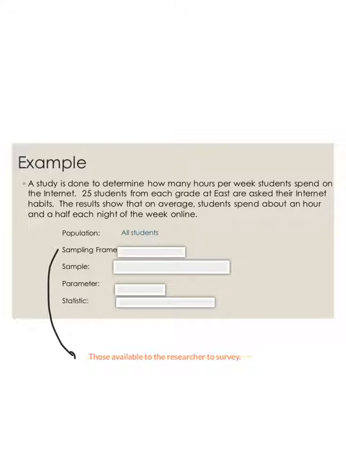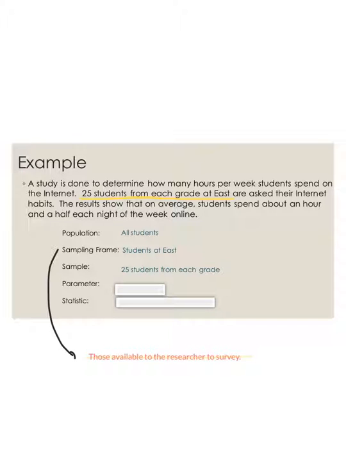In this case, it is the students at East. The sample, meaning who is it specifically we asked? Well, there's a clue here. Note it says 25 students from each grade at East. That's going to be our sample.